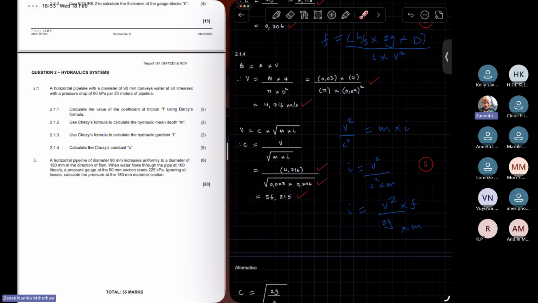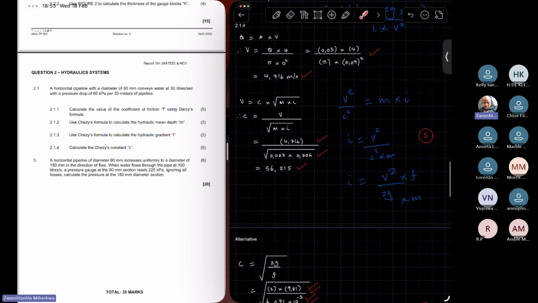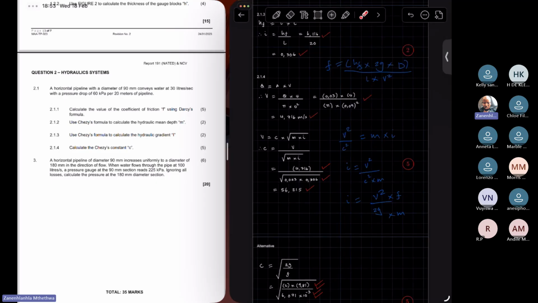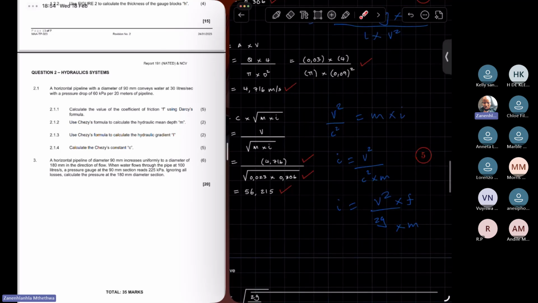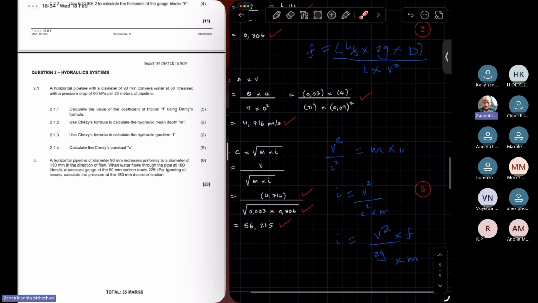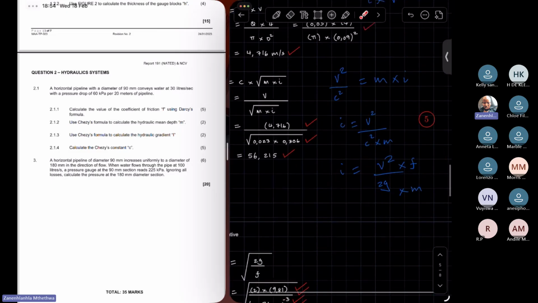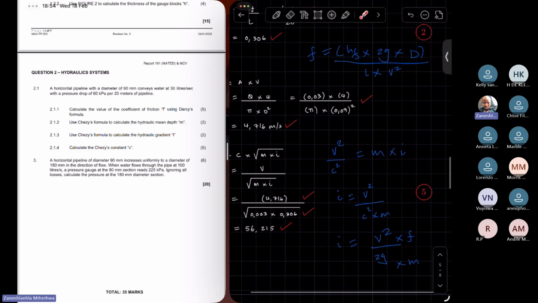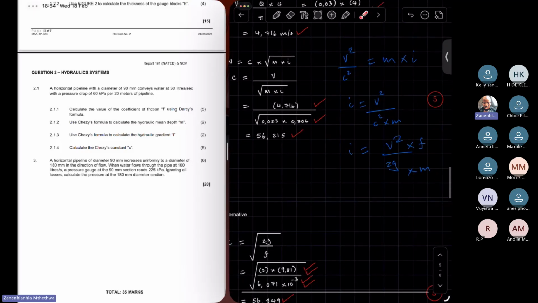Where is this coming from? Okay, let me just try to work this out. This formula that she used, I think it's supposed to go like this: V squared over 2G. Okay, so that's I. But how do you come to this?